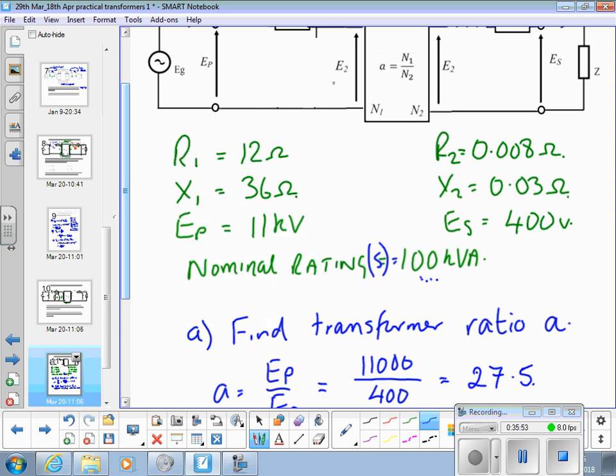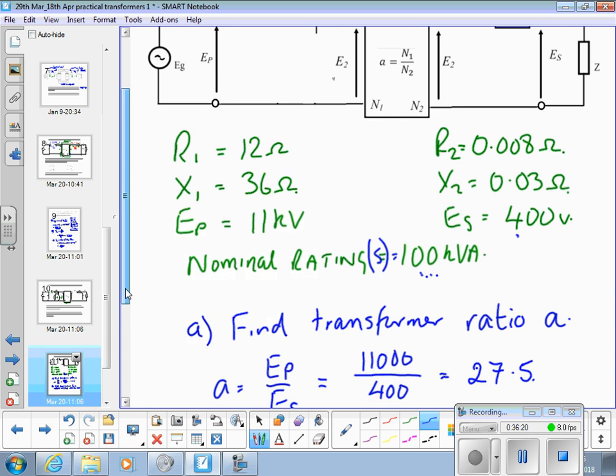It's the same on both sides. So we've got the nominal secondary voltage and we've got S. So we can find out at that voltage what the maximum current would be, because S is that voltage times the current, isn't it?